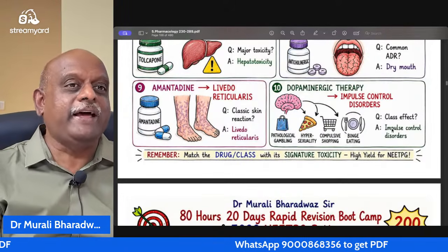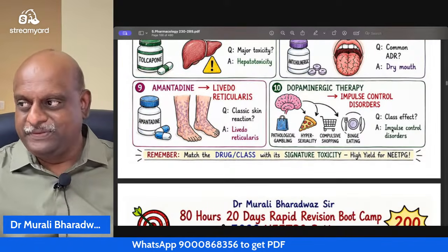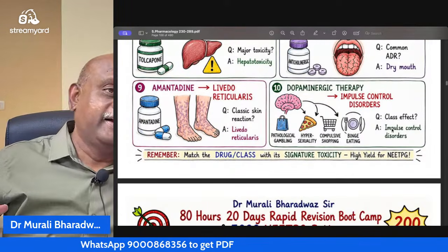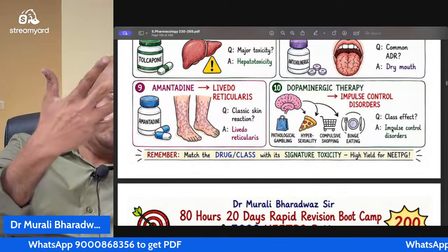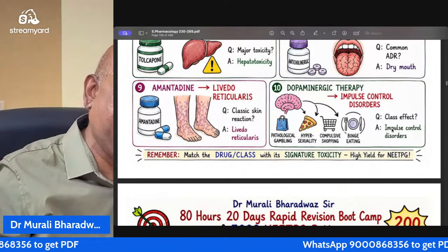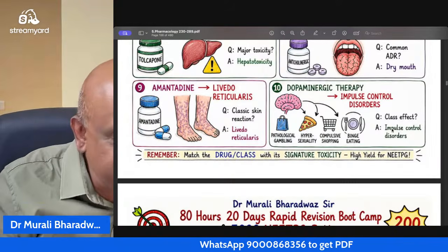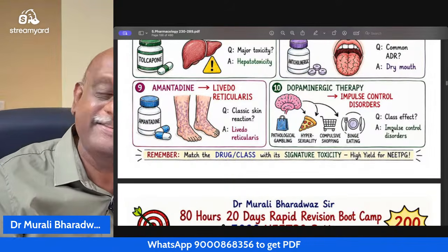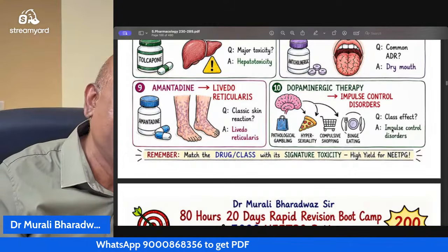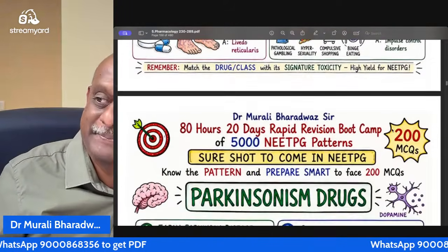So, what we are doing on Instagram, we are doing reels that increase your dopamine so that you do compulsive shopping to buy the PDF, right? But definitely, a lot of students acknowledge it that, sir, your PDFs are amazing. Never we assumed that such a playful thing is the preparation for NEET PG.